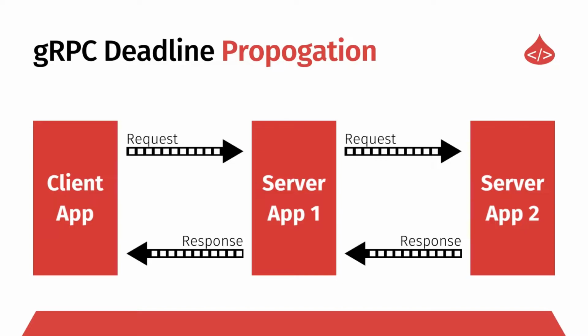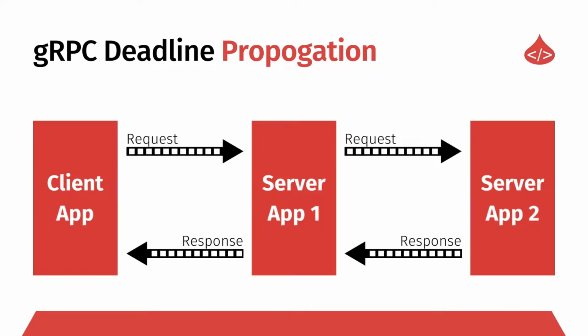So let's see how we can do gRPC deadline propagation in C# or in .NET. Let's assume we have a gRPC client application. That can be a console application or a web application or whatever kind of application. From the client application, we are making a gRPC call to a gRPC server application. Let's name that server application gRPC server app 1. Now from the gRPC server method, we are making a call to another gRPC server application.